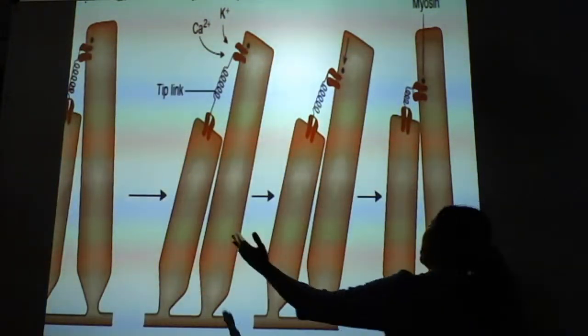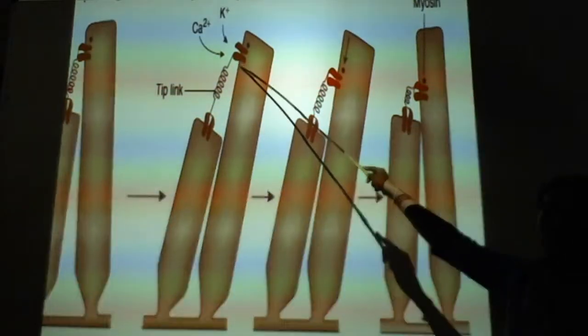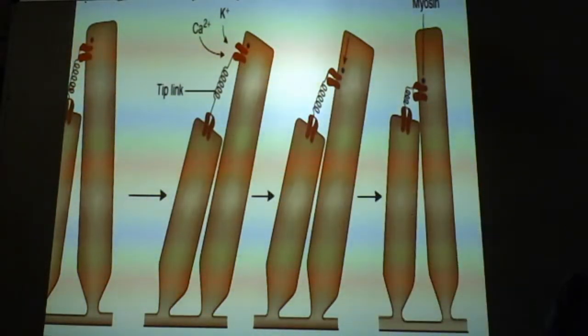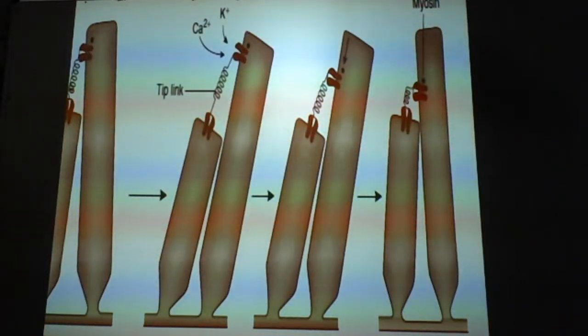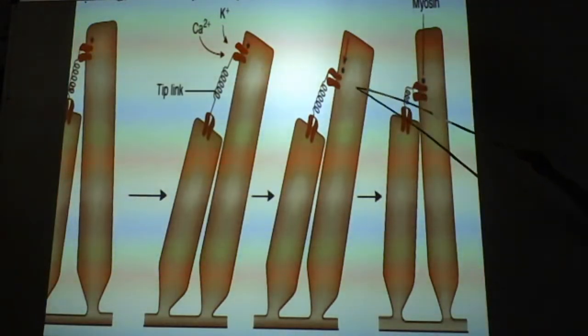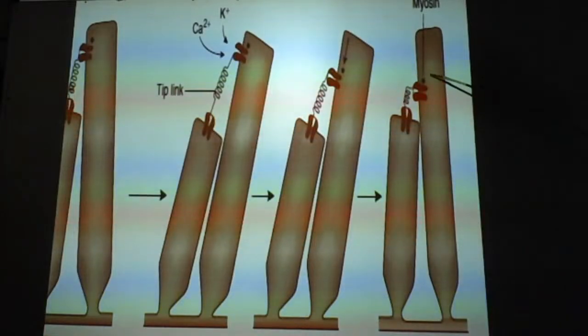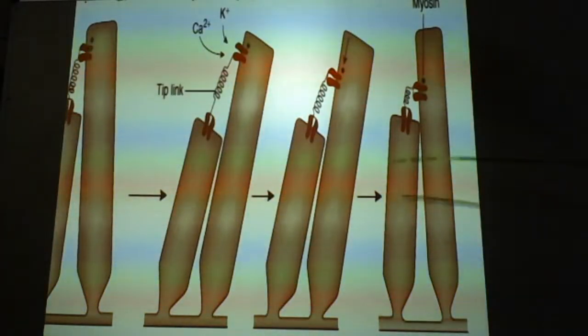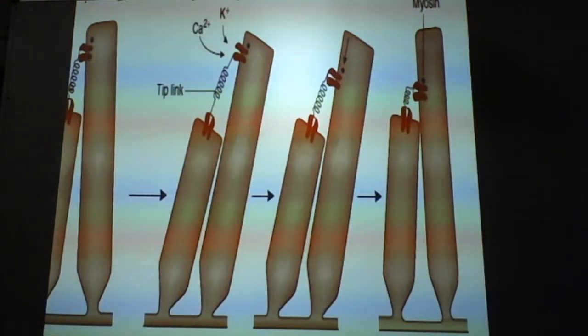The shorter stereocilia, when they come closer to the higher ones, the channels open and there is influx of potassium and calcium. Later the molecular motor, once the depolarization takes place, pushes the channels towards the base, bringing back hyperpolarization and resting membrane potential.